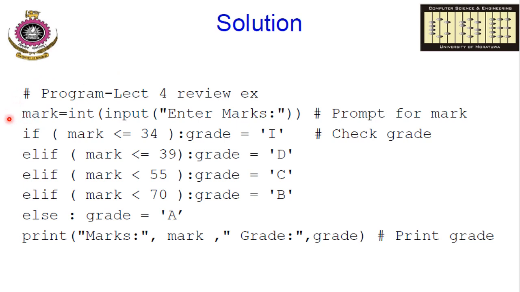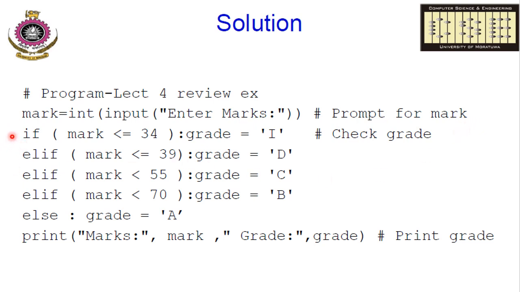So in the first line, there's a variable called mark, and input is taken, or the user is prompted for input. So what is the expected input? Here is the mark, right? So that input is taken using the input function, and then it is converted into an integer and assigned to the variable mark. So that is the first line, prompting the user for mark.